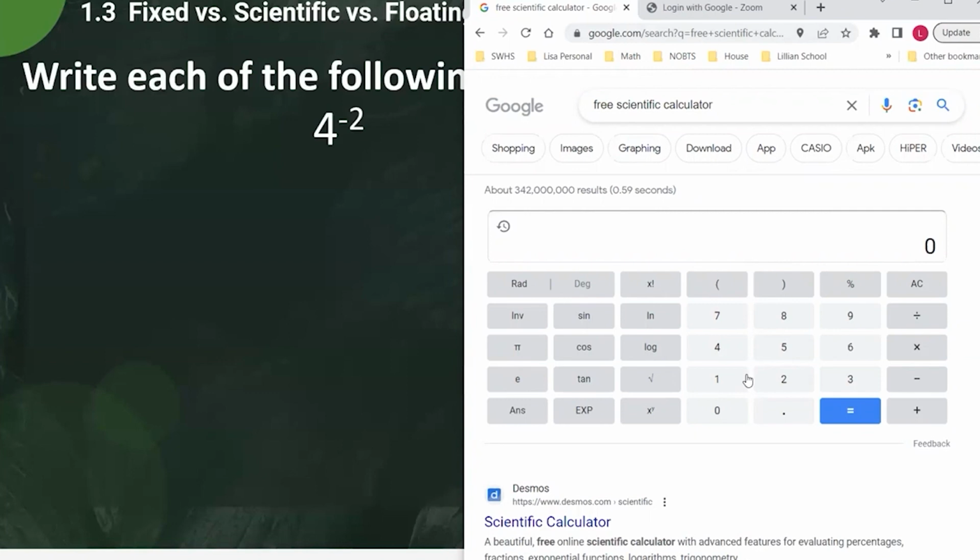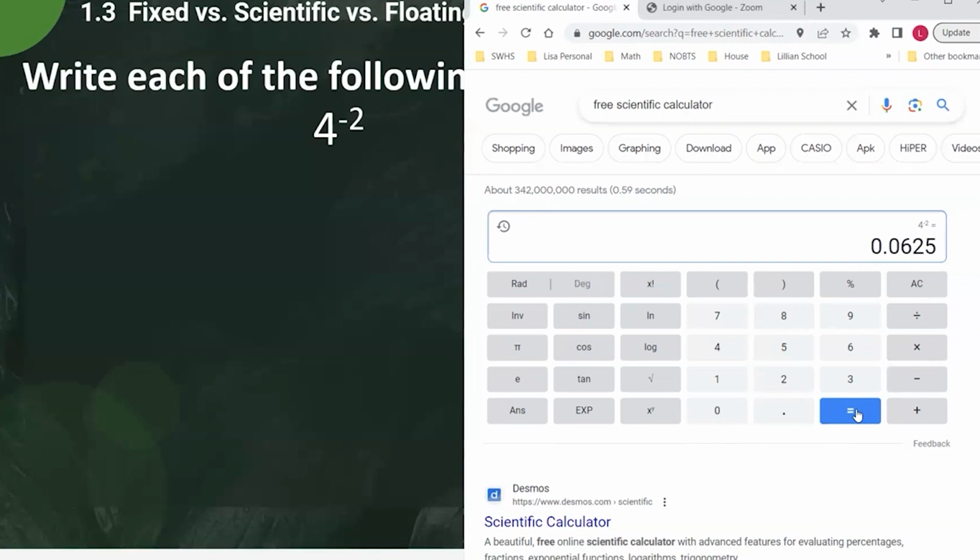I'm going to show you how to do these examples on this calculator because everybody can access it on any device. You are going to do 4 to the negative 2. So on this particular calculator, you will do 4, and then you're going to do your exponent. And then to do a negative, you just do the minus sign 2. So it's just like you see it. And then you hit equals.